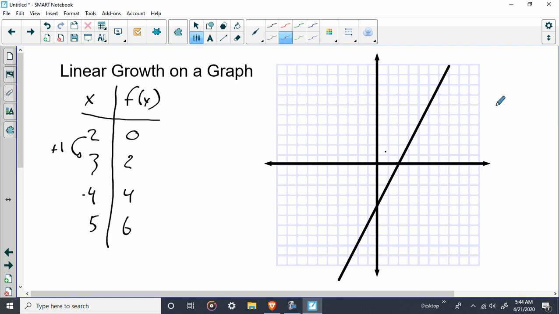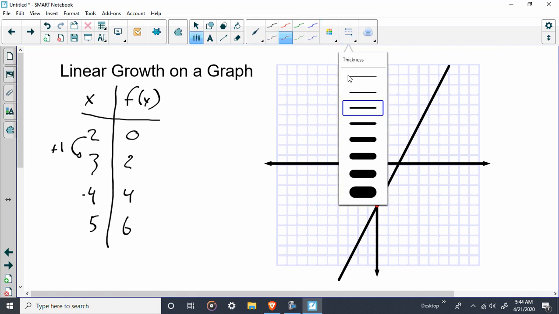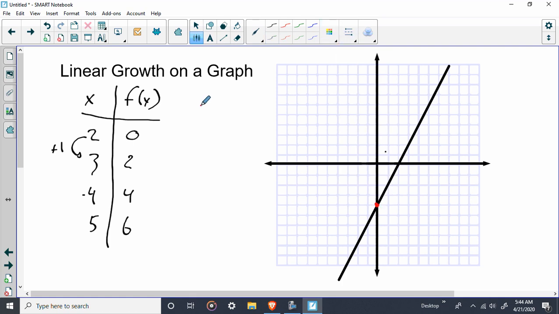Okay, so again, let's talk about this. The graph of this one, we're starting at -4, and we're going up 2, over 1, up 2, over 1. So in f of x equals mx plus b, what we used to call y equals mx plus b, my slope was 2 over 1.